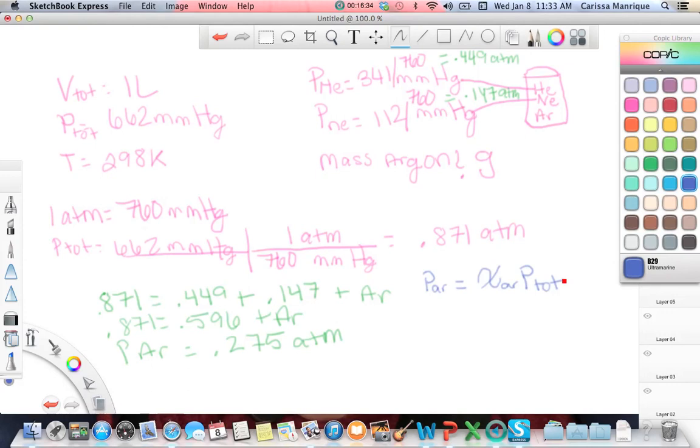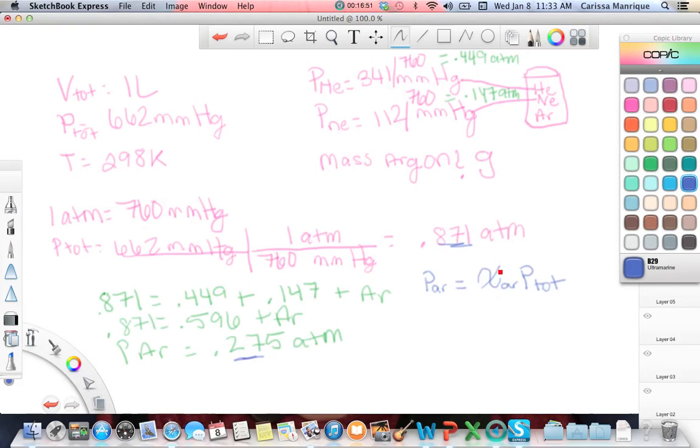Now why would I want to use this? First of all, I have my total pressure, remember it's given up here, and we put this in atmospheres. I just solved for the pressure of argon. So I have these numbers.